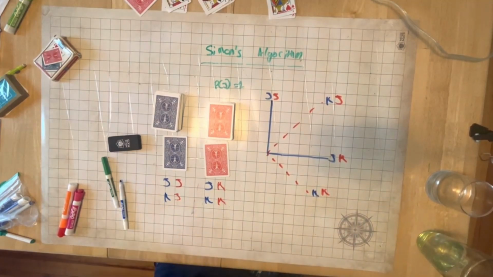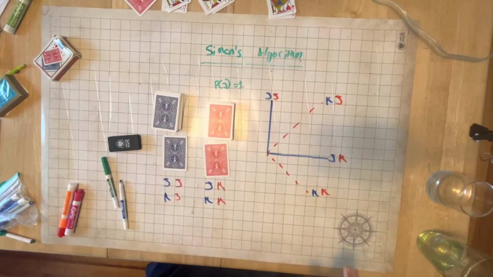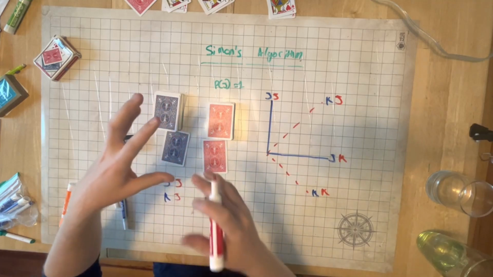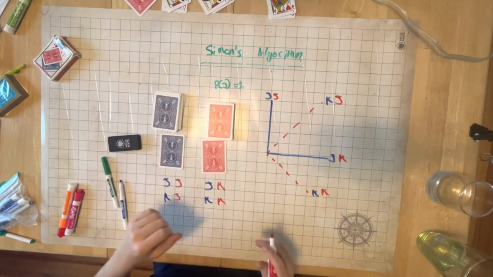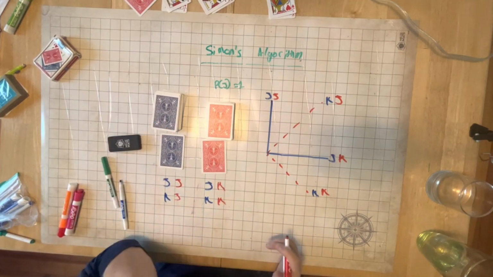So imagine these are all orthogonal axes. This is the vector space that can capture a given hand from two given decks. Or I'm saying, the probability of drawing some hand from two given decks.